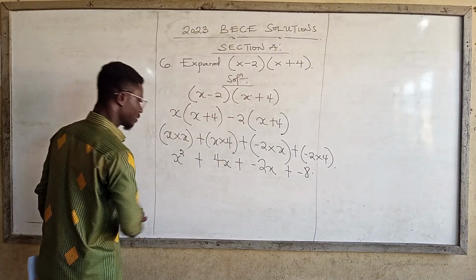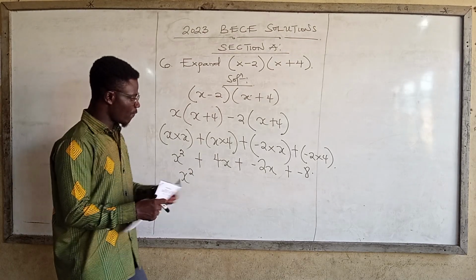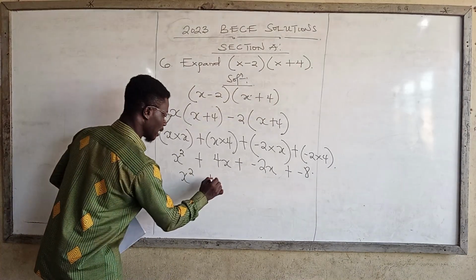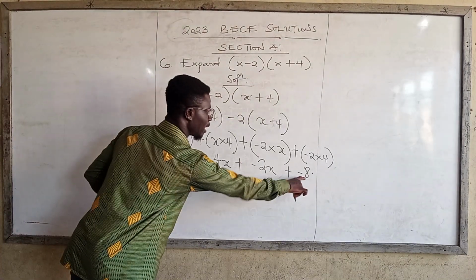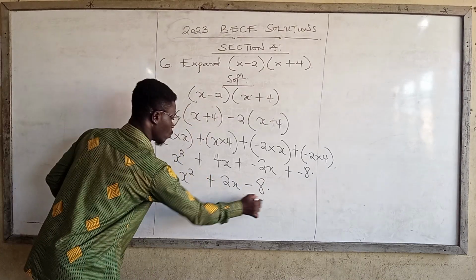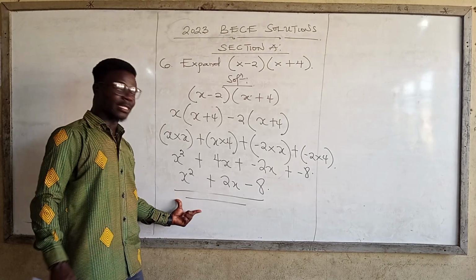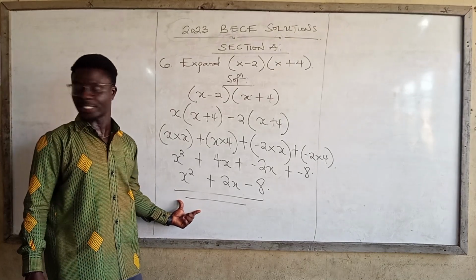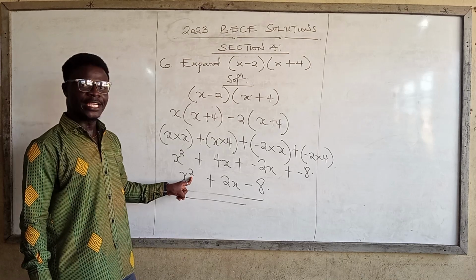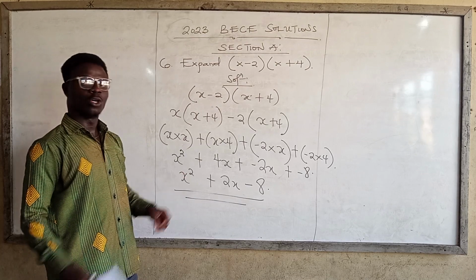So we can just write it as x squared. Now, 4x plus negative 2x, we obtain plus 2x, then plus negative 8. So we have our nice expression. This is a quadratic expression because the highest degree, or the highest power, inside this expression is 2.